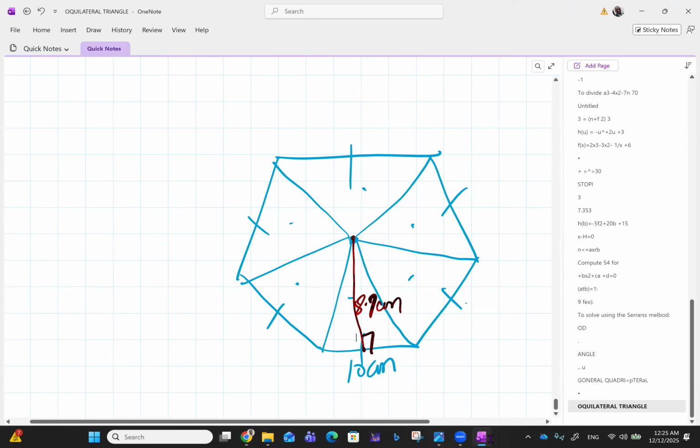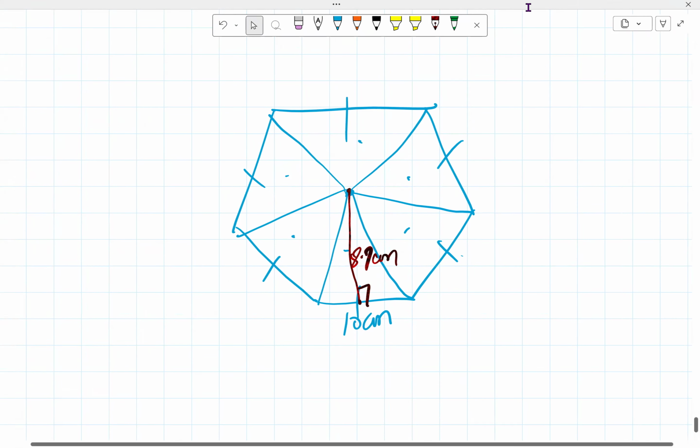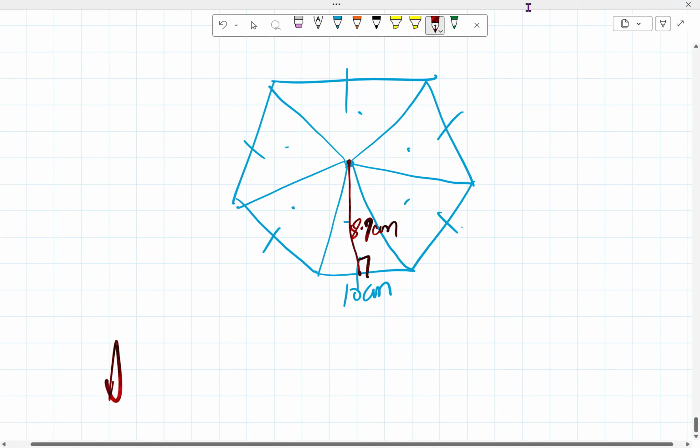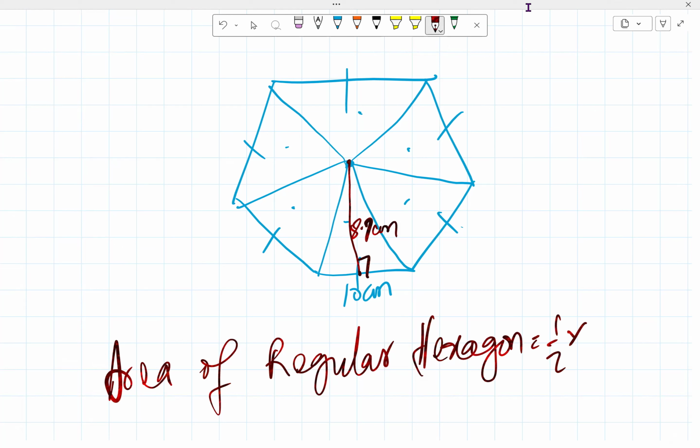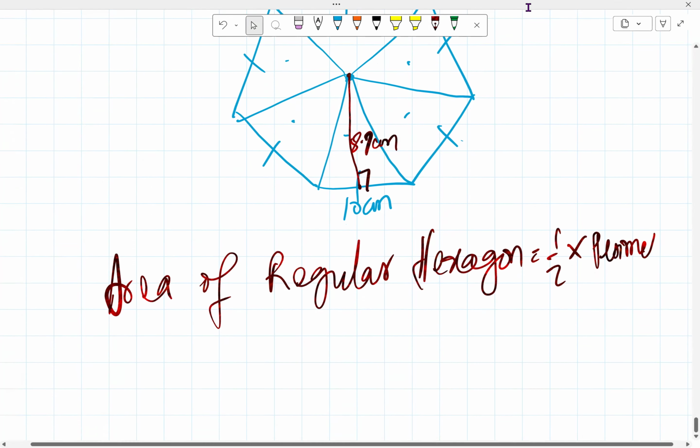So you now want to find the area of the regular hexagon, six-sided, which is equal to half times perimeter. Let me take that down.